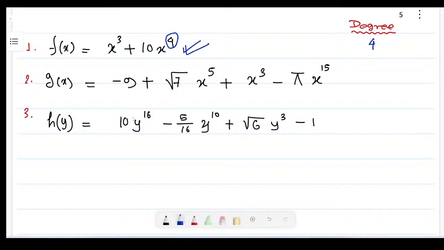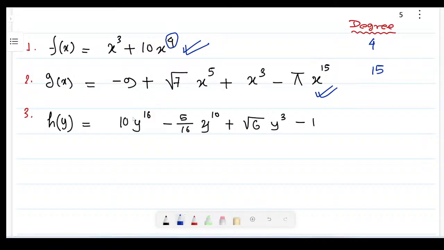Now check this one, is this a polynomial or not? Yes, this is a polynomial because each power of x is a positive integer. The highest power is 15 here, so this is a degree 15 polynomial.